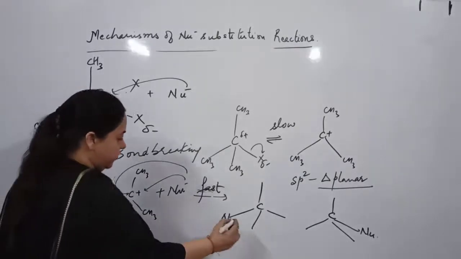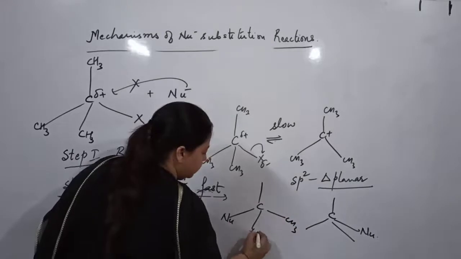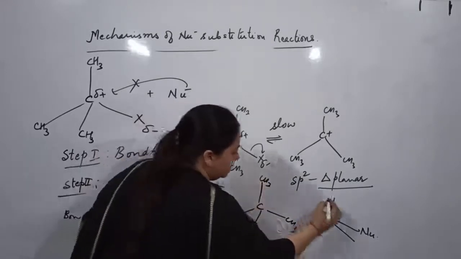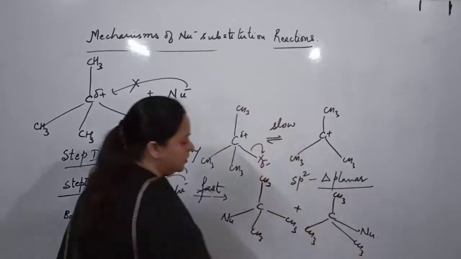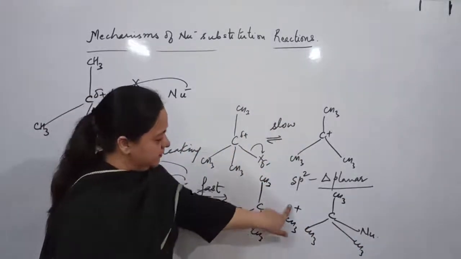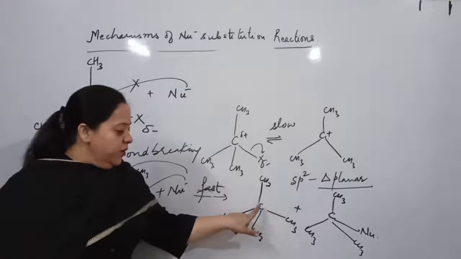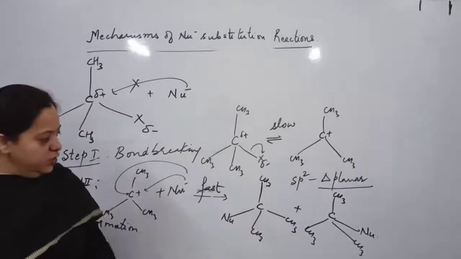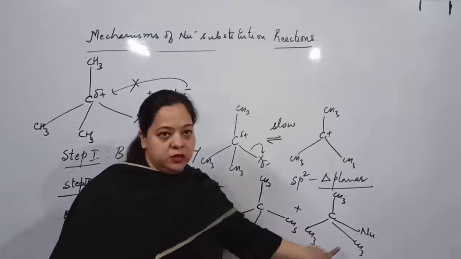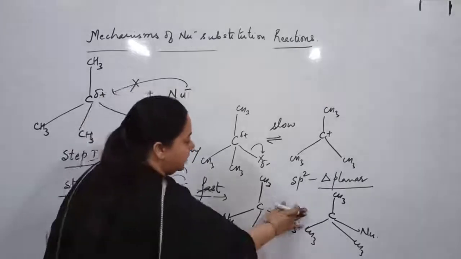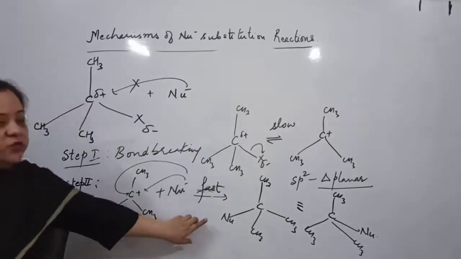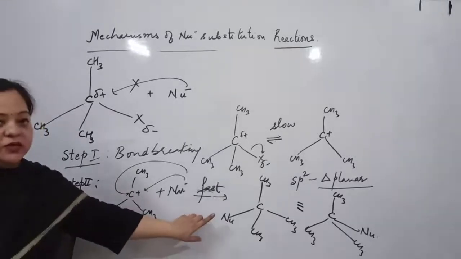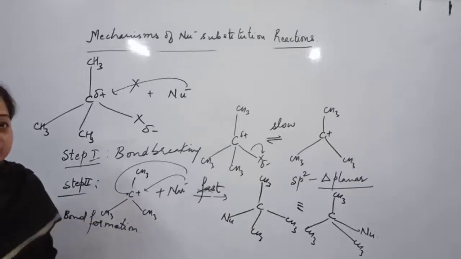So if nucleophile is on this side, then we have 3 groups here and 3 groups here. In this case, the compound is not optically active. So there is no difference in these two. The two are identical. There is no difference. The difference will arise if this compound is optically active.